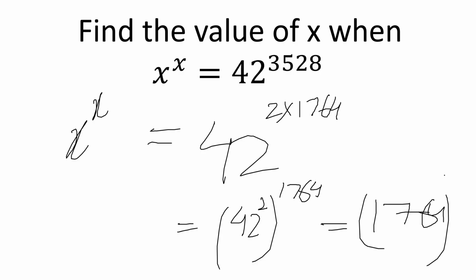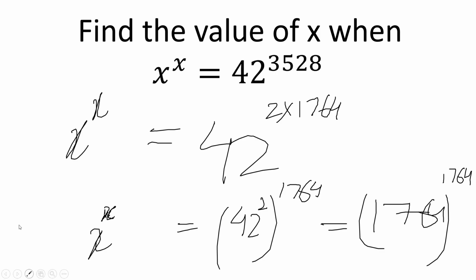So this becomes 1764 power 1764, and this is equal to the left hand side, which is x power x. The base and the exponent on the left hand side is x, and the base and the exponent on the right hand side is 1764.